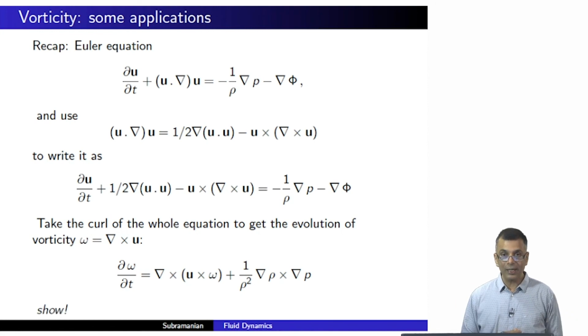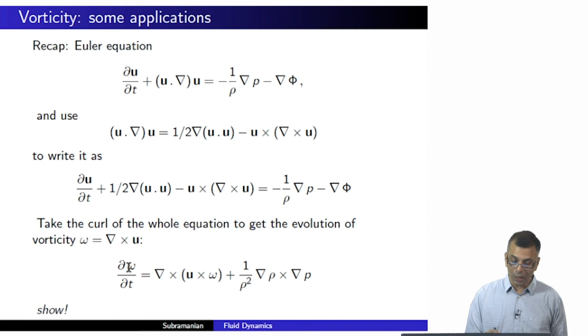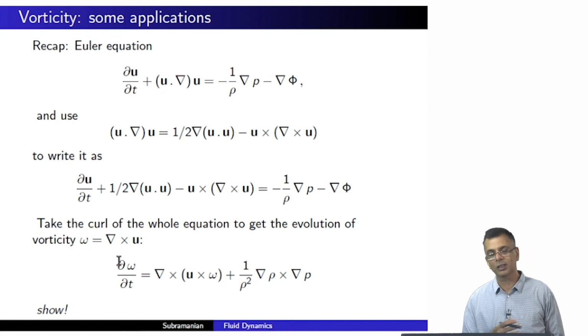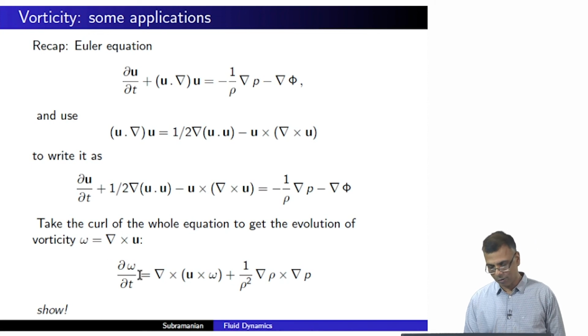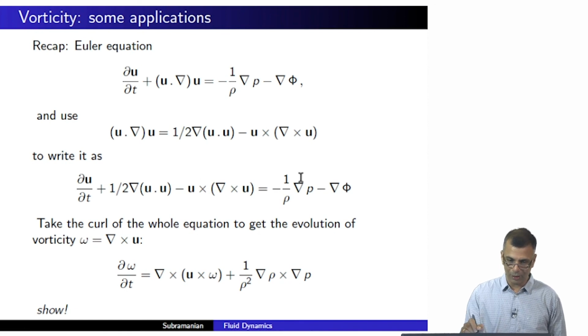So as we said, we are interested in getting an evolution equation for the vorticity, how the vorticity omega evolves as a function of time. The left hand side has time derivatives, the right hand side is going to have space derivatives. The way we proceed is you take the curl of this entire equation here.